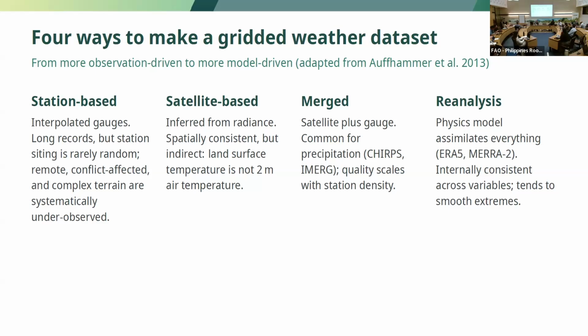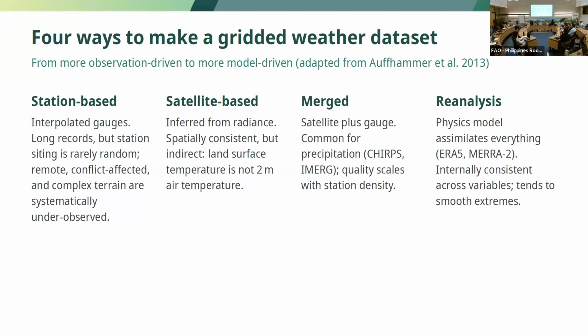Satellite-based measures, we can extract information from radiance and reflectance from a number of different sensors. There's some promise here. There's some spatial coherence and consistency in how these are generated. But there's also a variety of different ways in which you might not be able to compare exactly what is coming from your sensors versus what you are extracting from ground-based estimates as well.